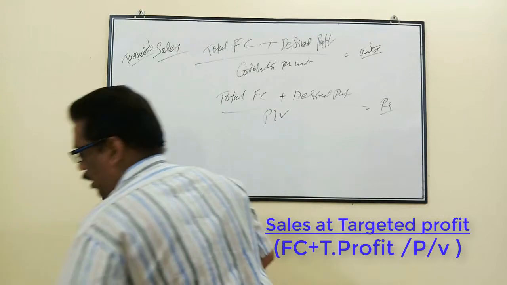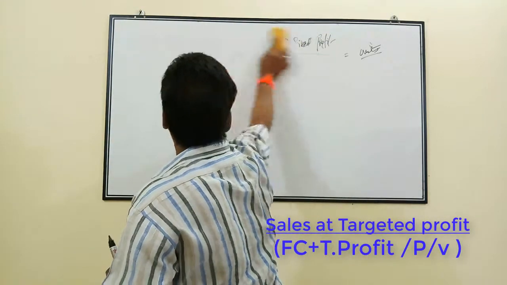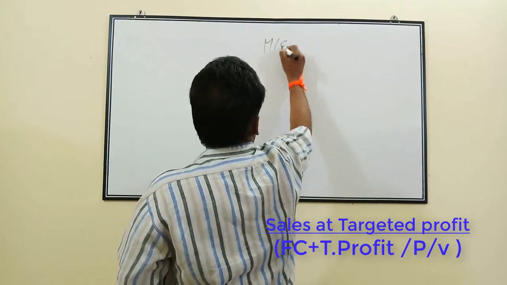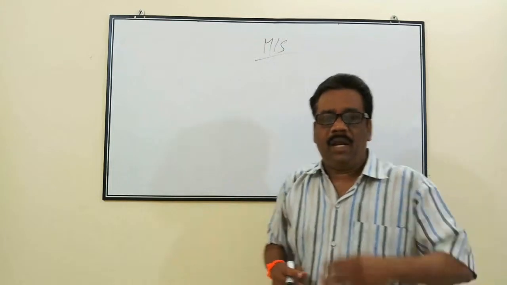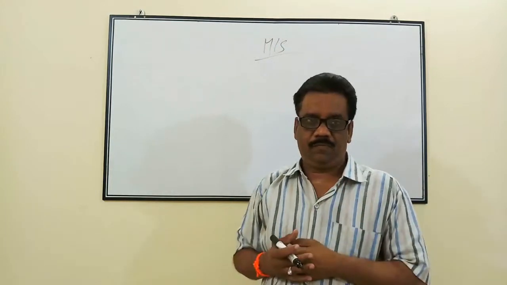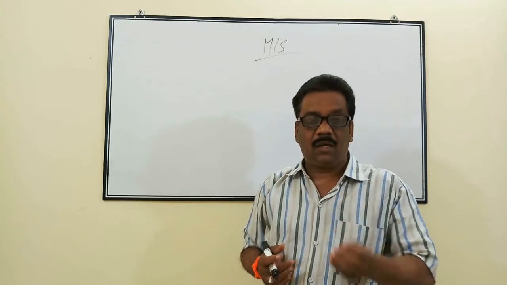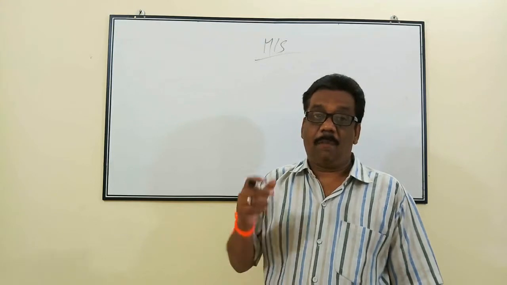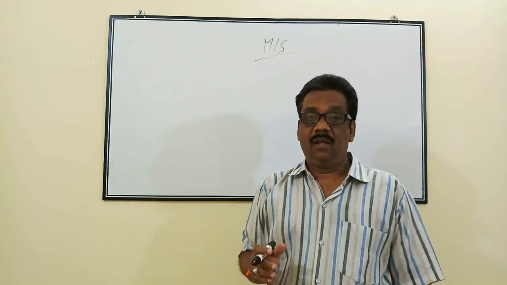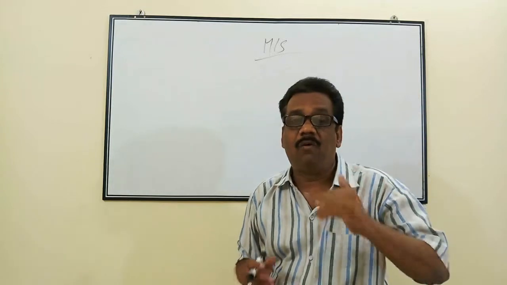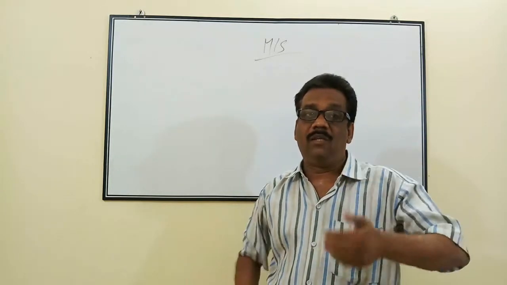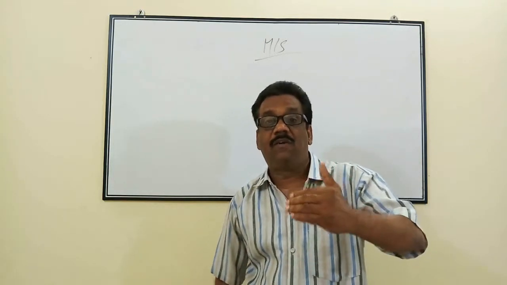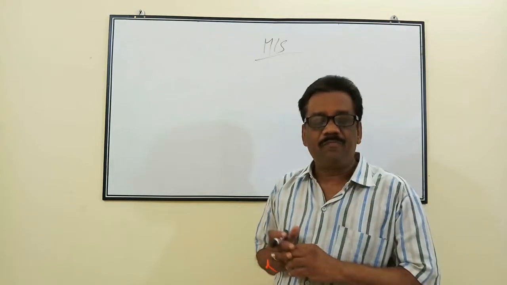Apart from all these, one more important application of break-even is margin of safety. It is also known as safety margin. This element is applied wherever the sales are coming down, particularly when the business shows some sort of depression, a decrease in sales.